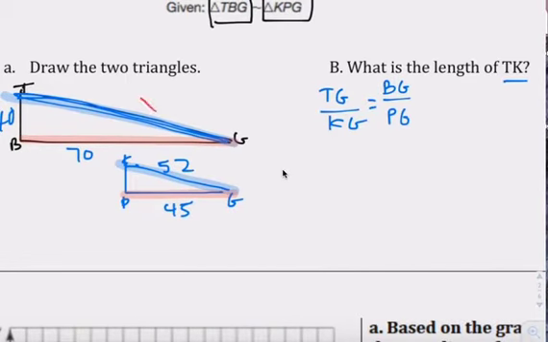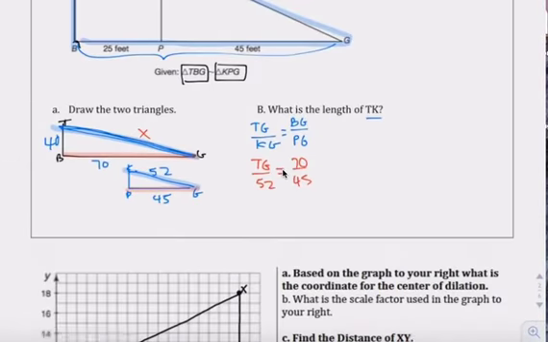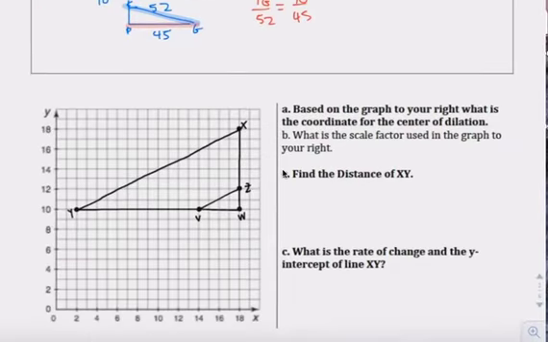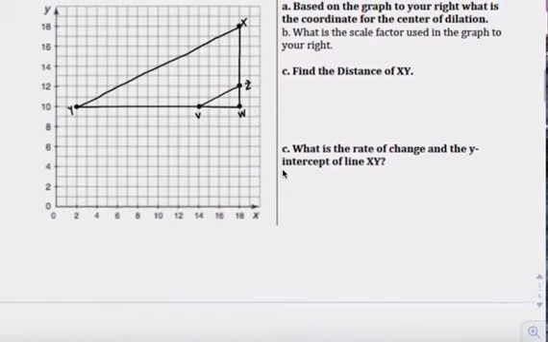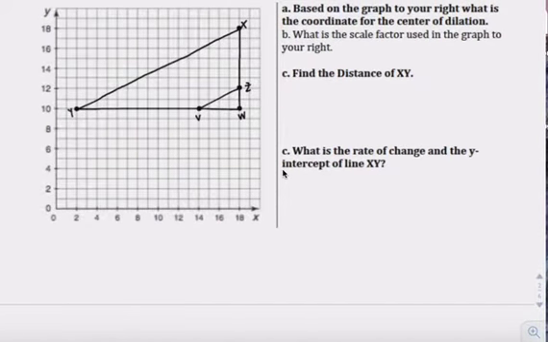TG, that's X right there. TG over 52 equals BG, which is 70, over PG, 45. Okay, and then cross cancel and divide. You know how to do the rest, most of you. Okay, this one most of you should know.